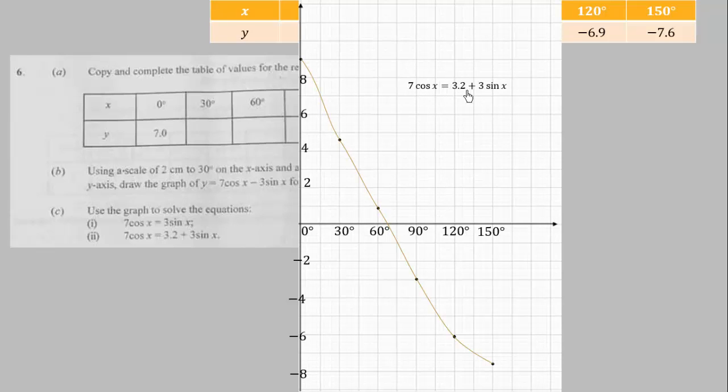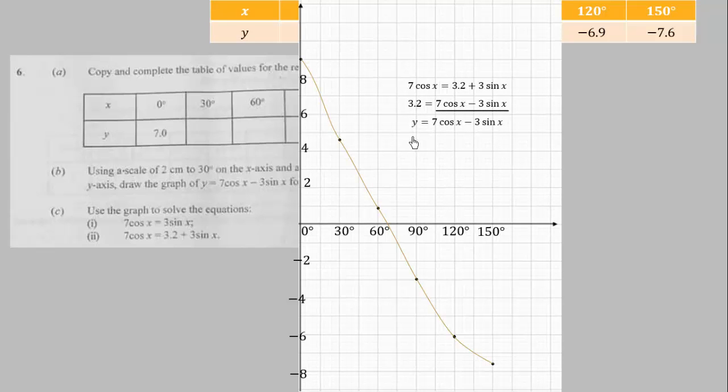So 7 cos x equals 3.2 plus 3 sin x. We bring the 3 sin x here to subtract, and we swap their positions. We must leave the 3.2 there. We got what we have graphed already.